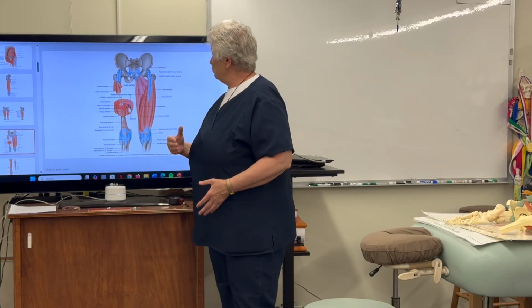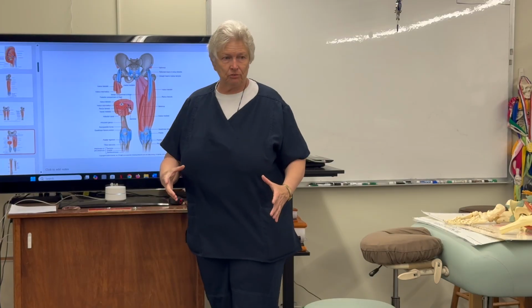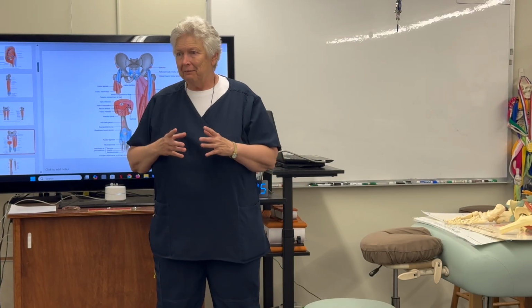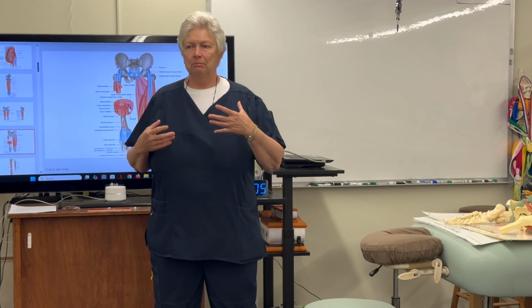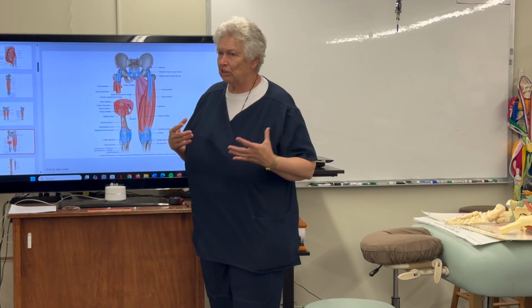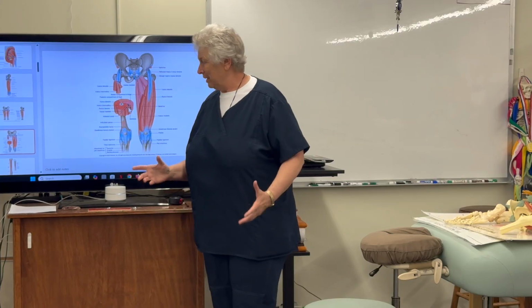So in general, you work more in the compartment structure of muscles, the group, rather than the individual muscle. You can't get to an individual muscle. I don't care what anybody tells you. Maybe you can get to one up here, but I don't know.